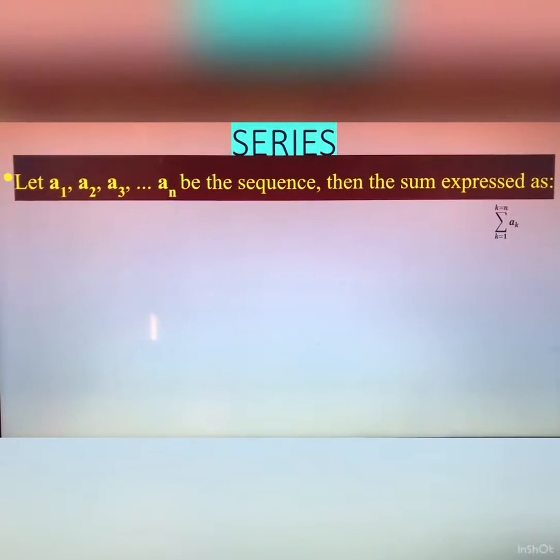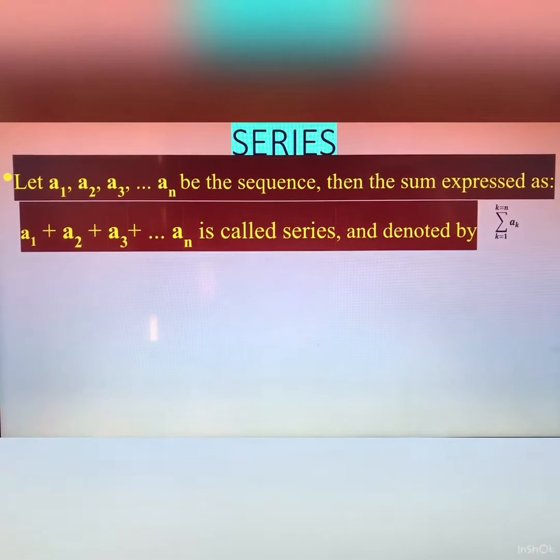Now series. What do you mean by series? Let a1, a2, a3 and so on an be the sequence, then the sum expressed as a1 plus a2 plus a3 plus and so on an is called a series, and it is denoted by sigma of ak, for k equal to 1 to n.